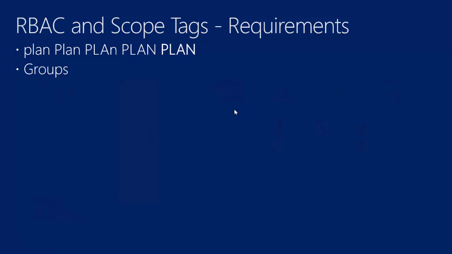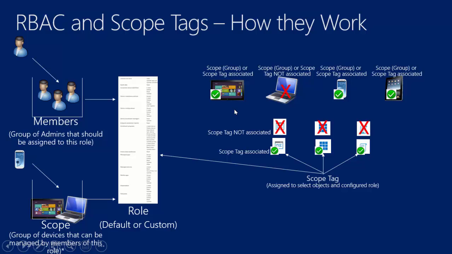All right, so to try to picture this and how it works, right? This concept is not difficult, but whenever I first was thinking through it and trying to understand it myself, it took a minute to kind of line this up with how things are associated, and especially coming from the config manager background, it helped a lot, but still, it took a minute to understand it. So the way this works is at the center of all of it, you have a role. This is either a default role, a custom role, however it is, right?